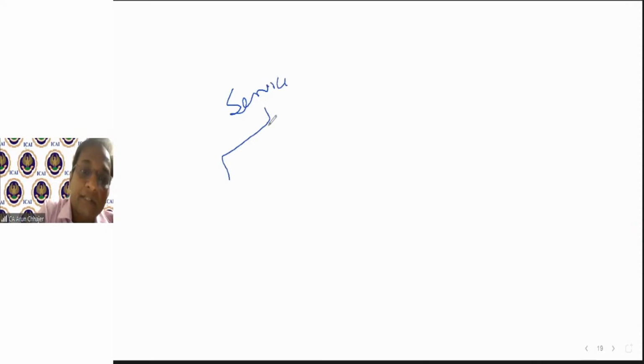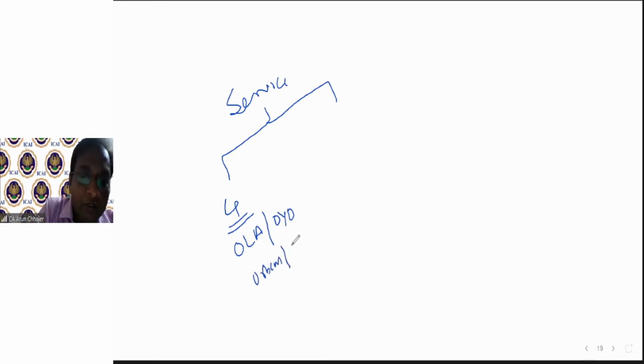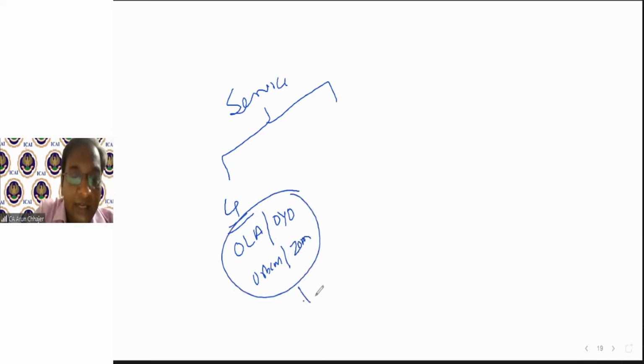अगर मैं सर्विस की बात करता हूं तो इसमें आप 4 सर्विस को अलग कर दो। कौन कौन सी सर्विस? कैब वाली, होटल वाली, और स्मॉल कारपेंटिंग प्लम्बिंग अर्बन क्लब वाली, और स्विगी जोमेटो वाली। इन 4 को अलग कर दो, क्योंकि इन 4 में e-commerce operator himself would be liable for registration.